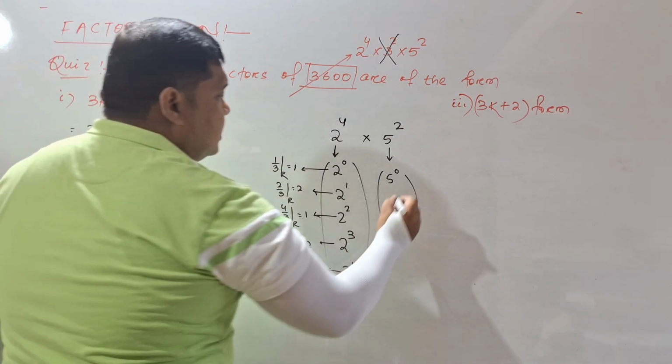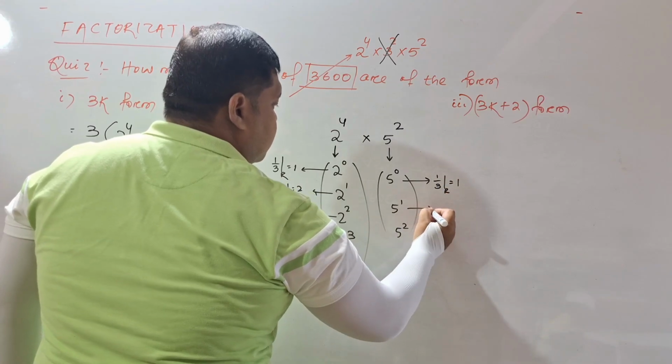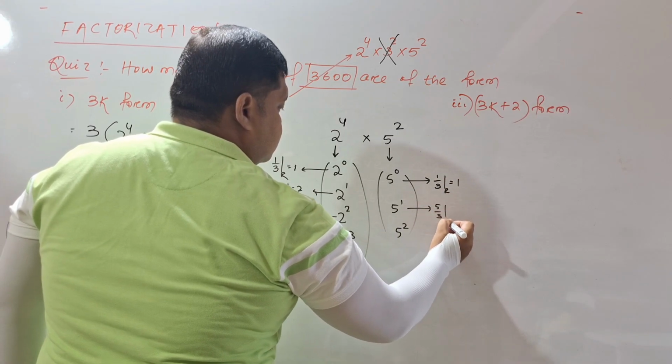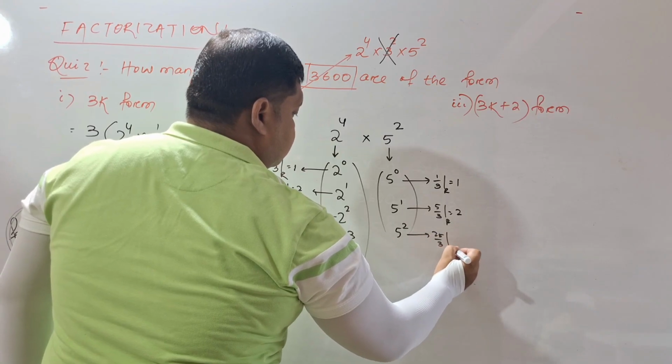Similarly 1 by 3, remainder is 1; 5 by 3, remainder is 2; 25 by 3, remainder is 1.